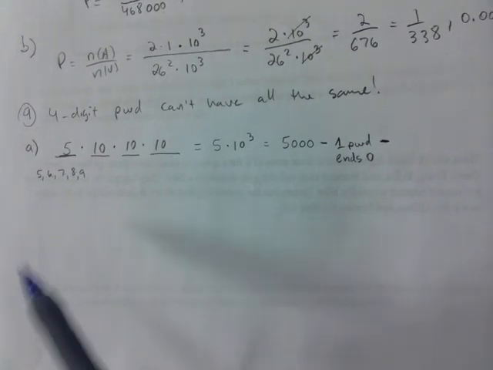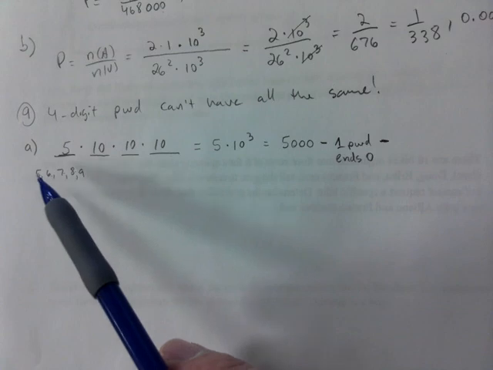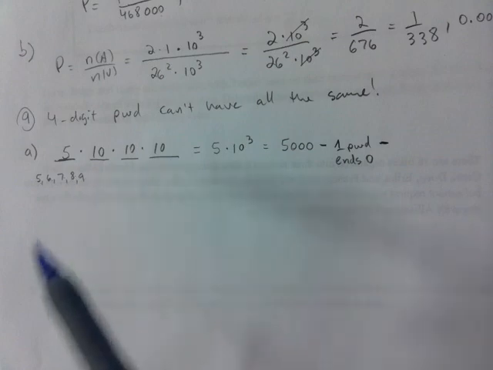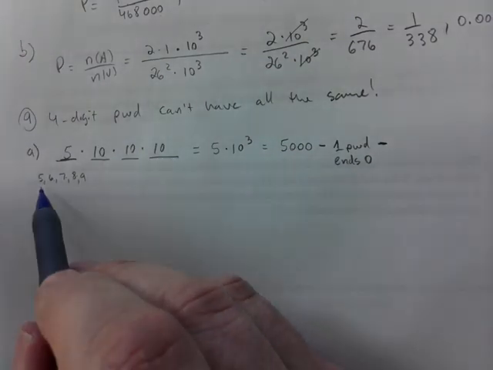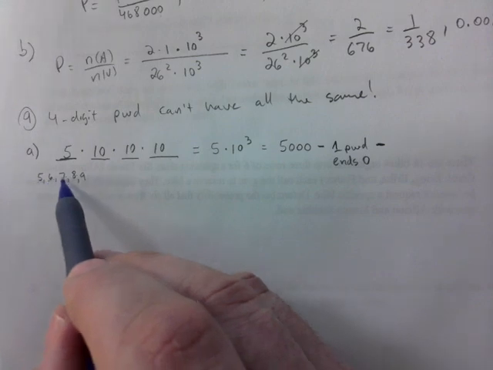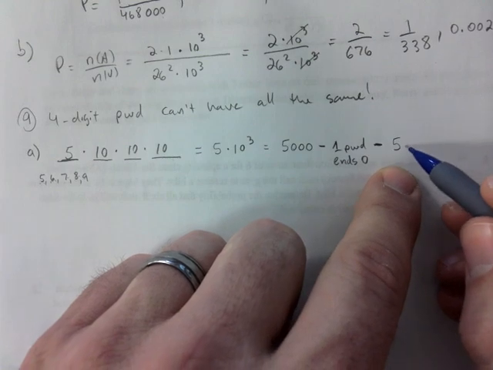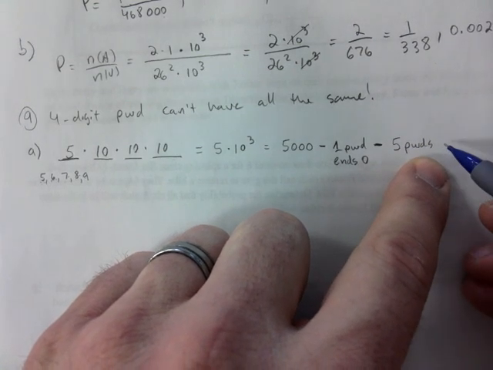Because you couldn't have all 5s. You cannot have all 6s, all 7s, all 8s, all 9s. How many passwords do you have that would meet that criteria? 1, 2, 3, 4, 5. So 5 passwords, all the same.